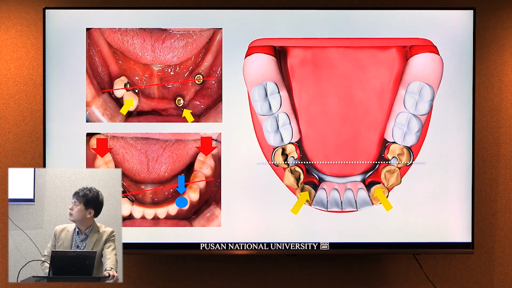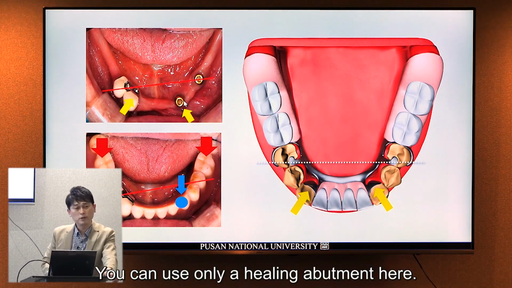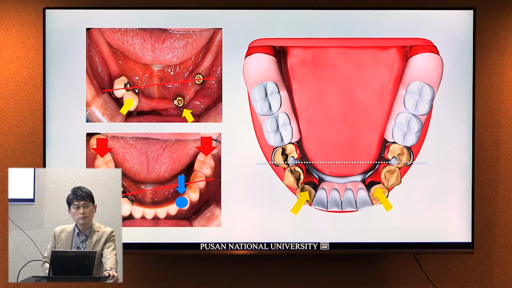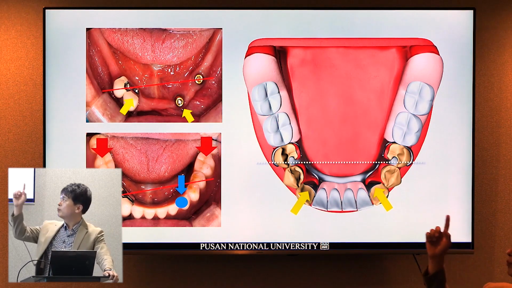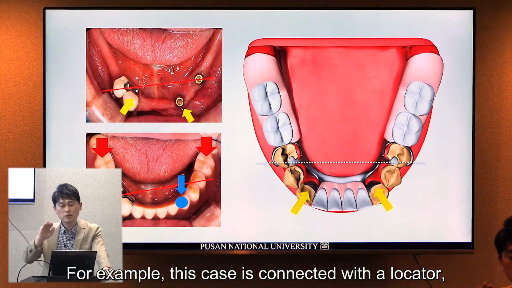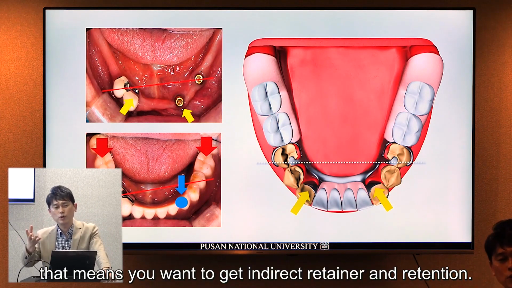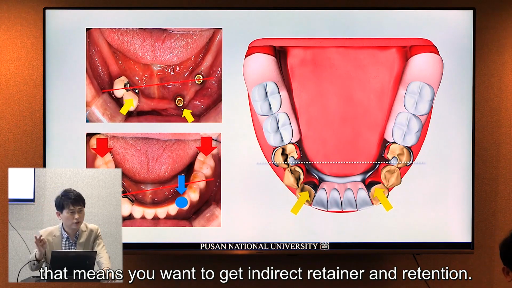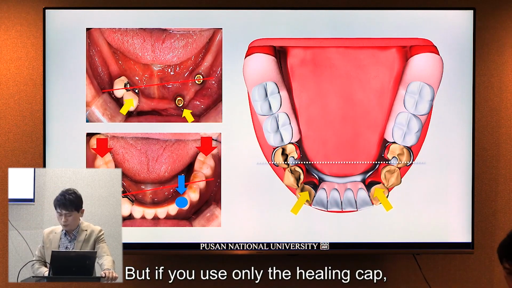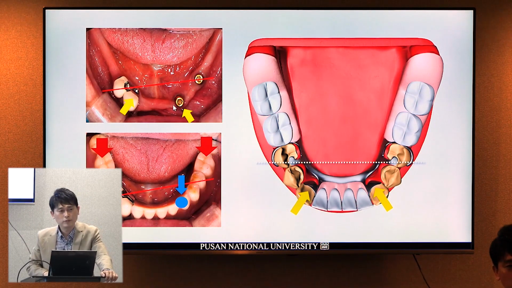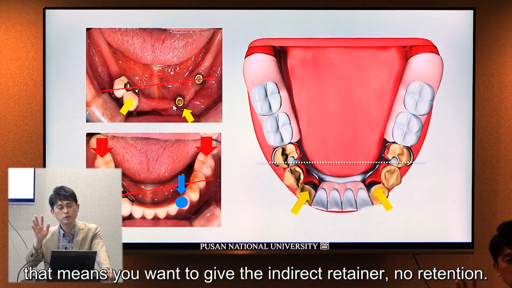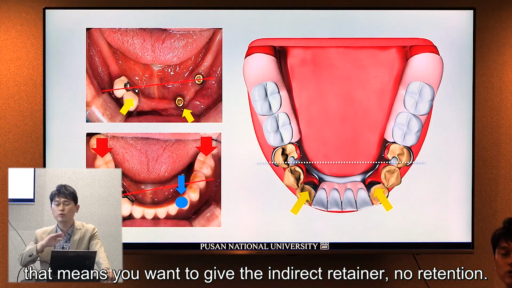So you can use only a healing abutment here. For example, in this case, connect it with the locator. That means you want to get indirect retainer and retention. But if you use only a healing cap, that means you want to give the indirect retainer, no retention.